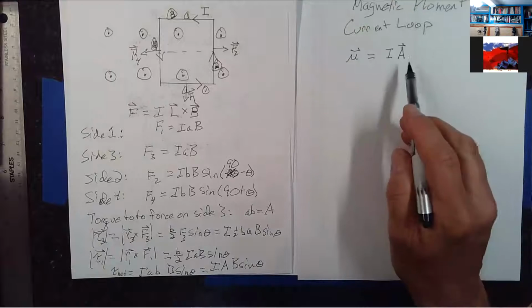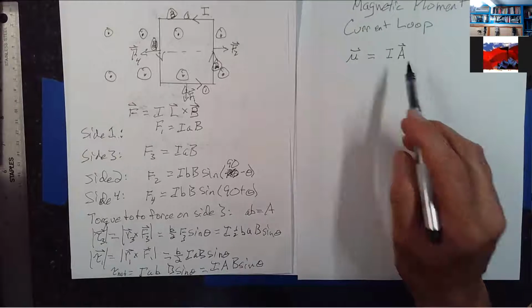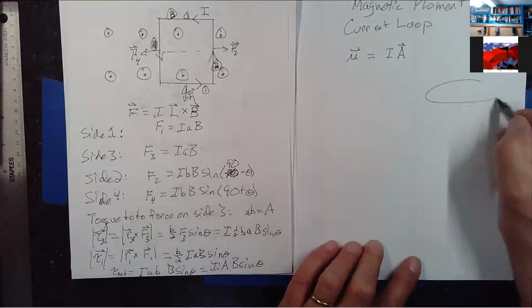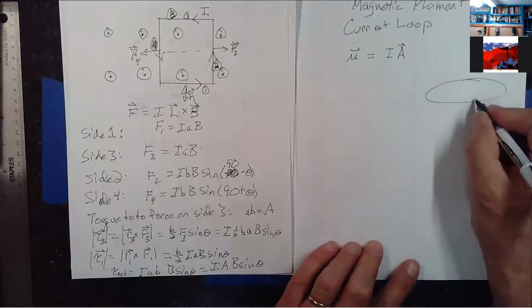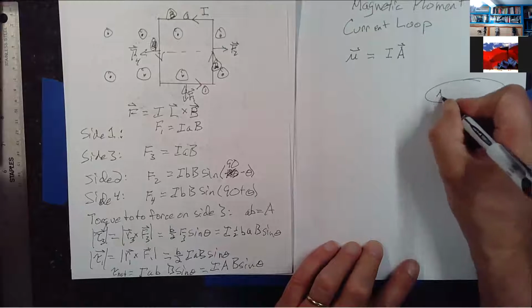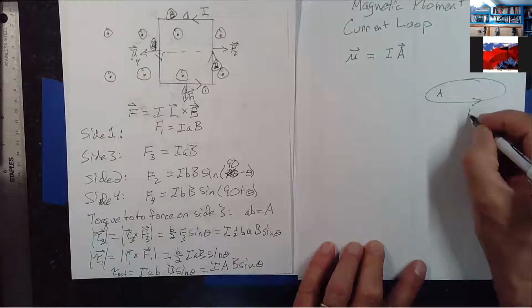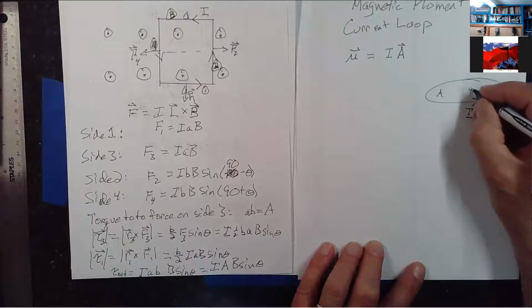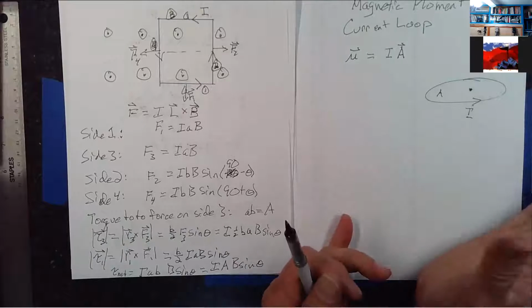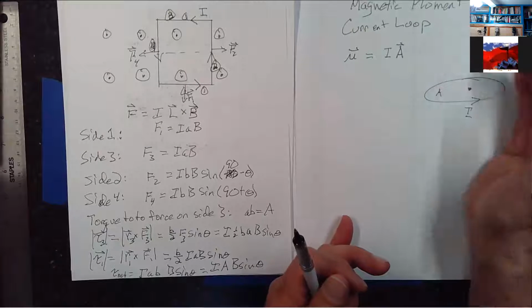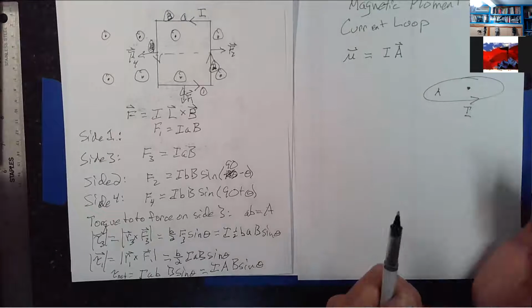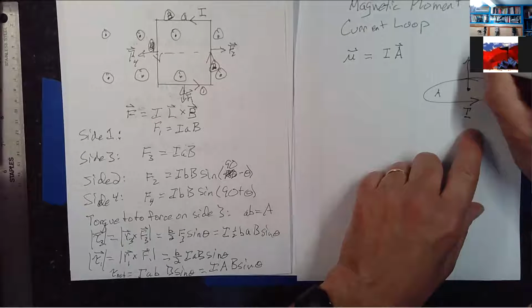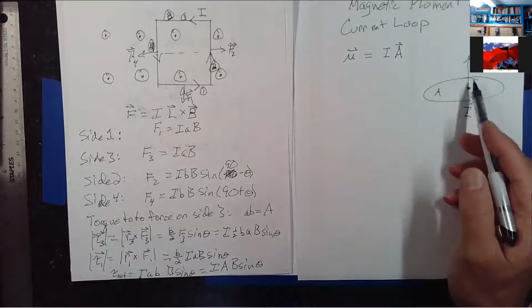And the way you determine the direction of the area vector is by a sort of pseudo right-hand rule. If this is the area, and the current is flowing in this particular direction, then if you use the fingers of your right hand so that you can curl them in the direction of the current, then the area vector points in this direction, and so does the magnetic moment.